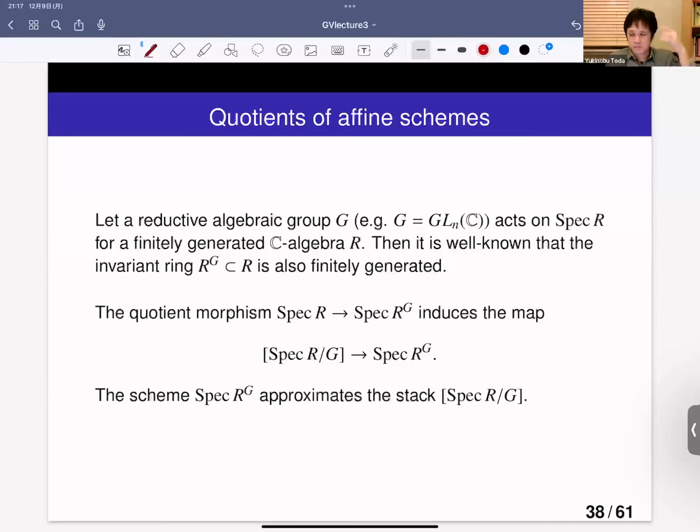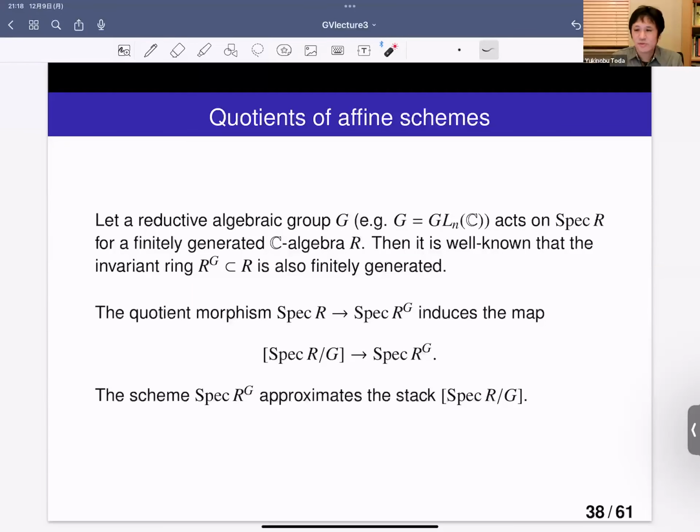So this is also a very important notion. That is, suppose that a reductive algebraic group G acts on an affine scheme Spec R, for a finitely generated C-algebra R. Then in this case, it is well known that the invariant ring is also a finitely generated C-algebra. So this inclusion induces a map of the spectra, which is something similar to the quotient map.